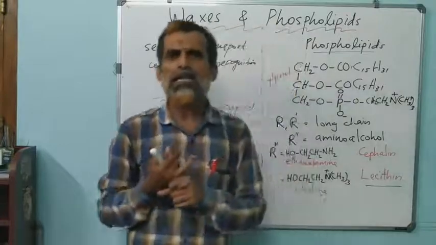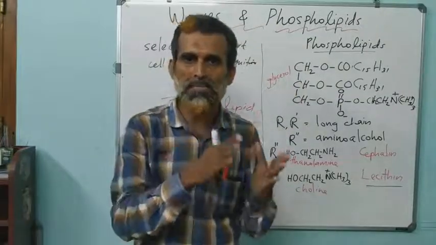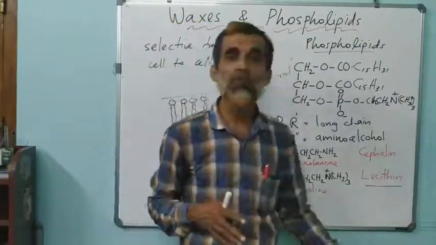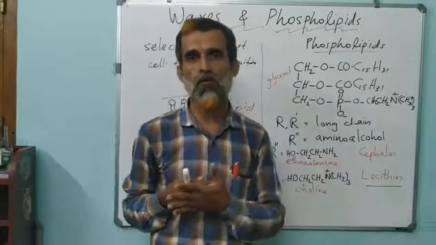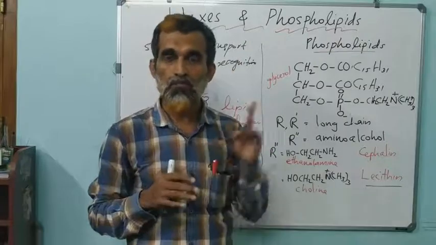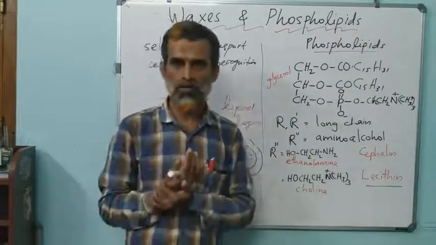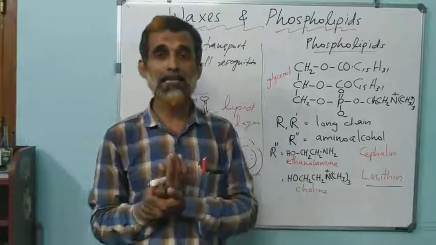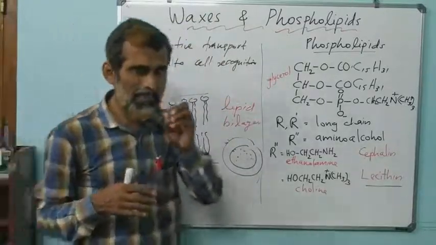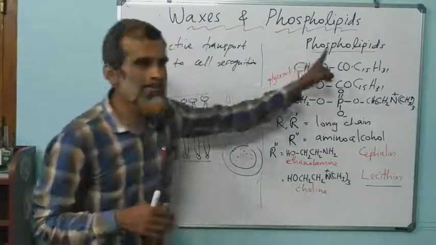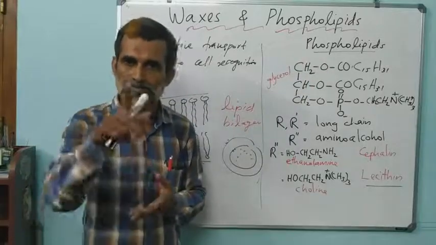And finally, they act as detergents or emulsifying agents to emulsify fat for transport. So for fat transport in the body, phospholipids are helping out, because phospholipids can act as an emulsifying agent. In a sense, phospholipids are similar to soap molecules, isn't it?